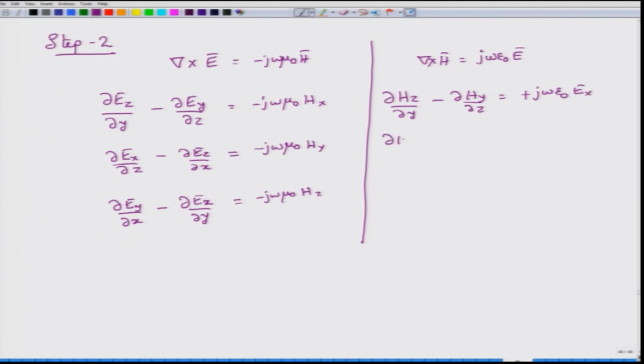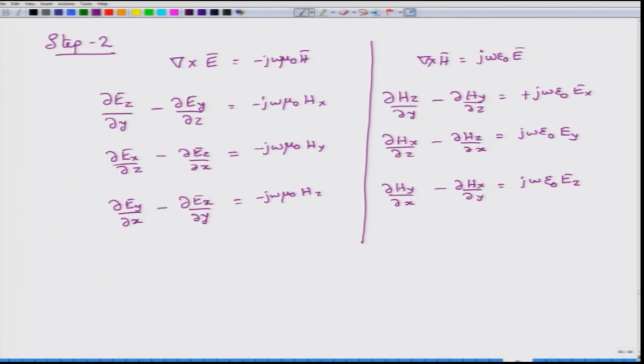Similarly, I have del Hx by del z minus del Hz by del x equal to j omega epsilon naught Ey. Then you have del Hy by del x minus del Hx by del y equals j omega epsilon naught Ez. So, I have these two sets of equations.